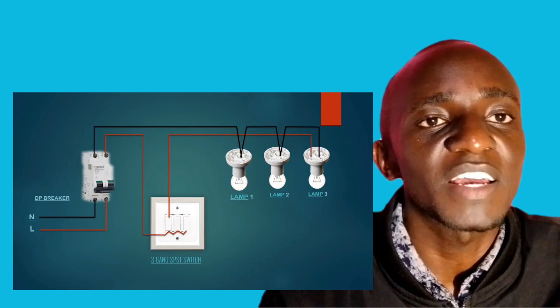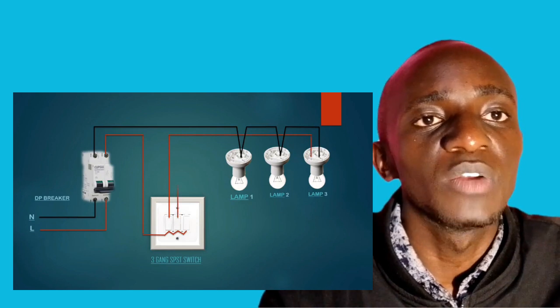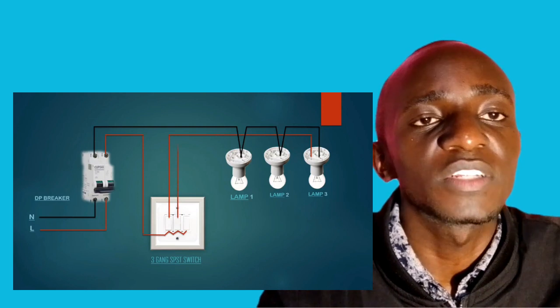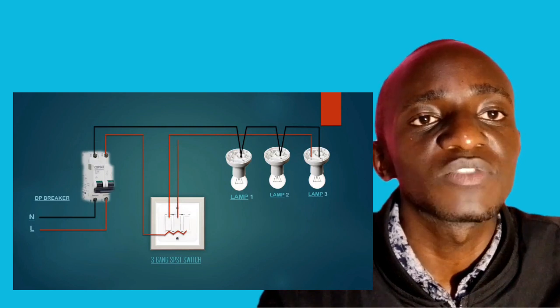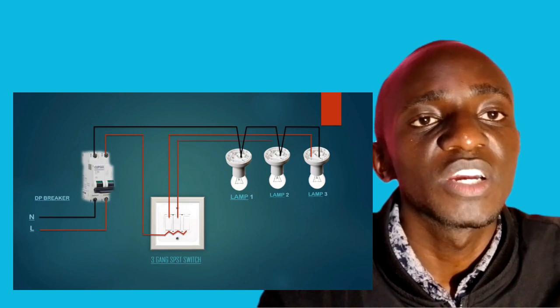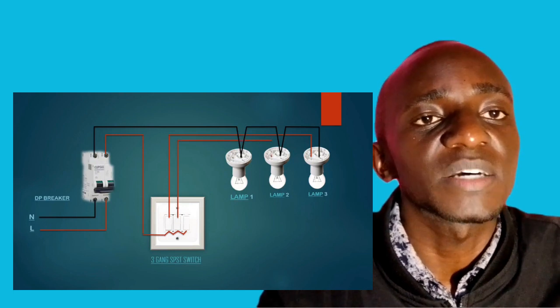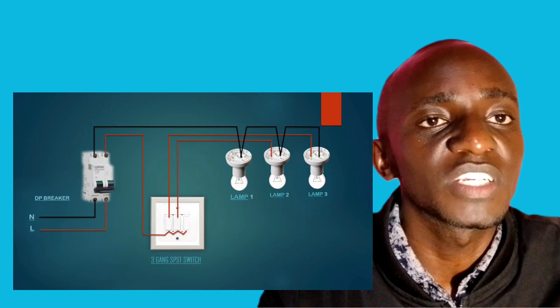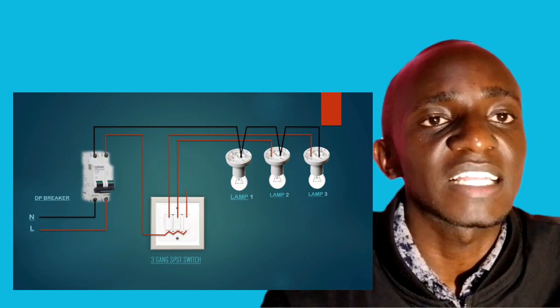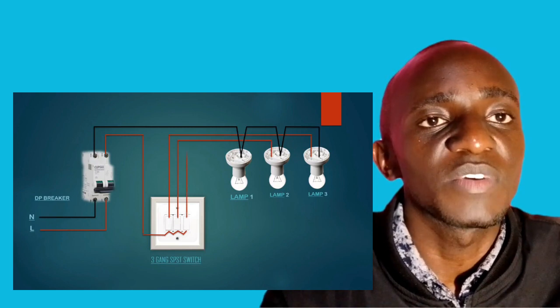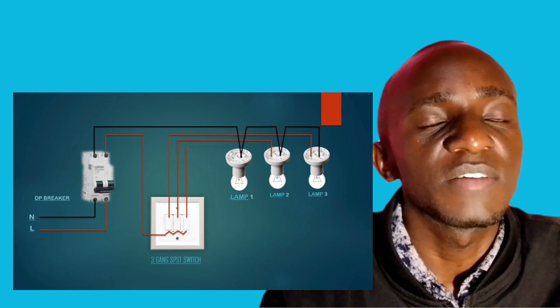After we have connected supply to the first switch, we can loop the supply of the second switch from the first switch, then the supply of the second switch to the third switch, that way up to the last switch, because they are within the same casing. That is what we call looping connection.